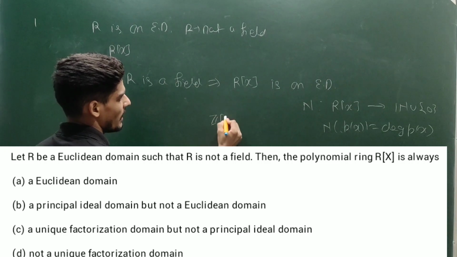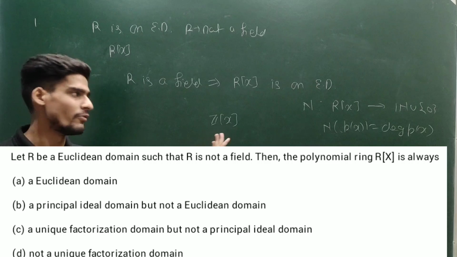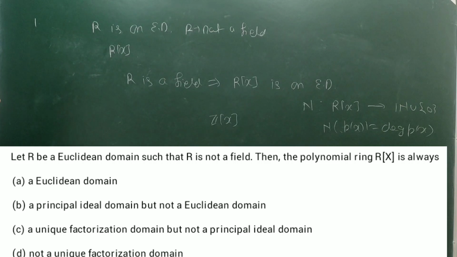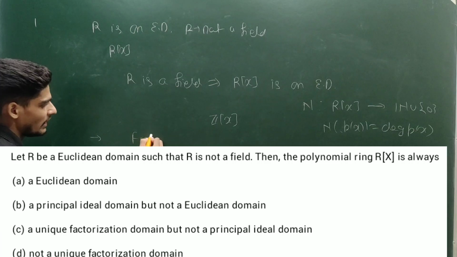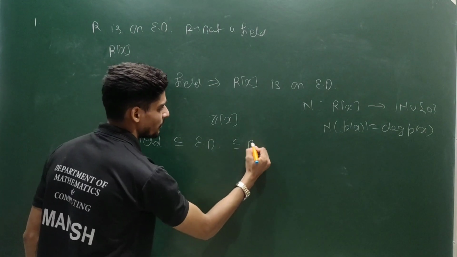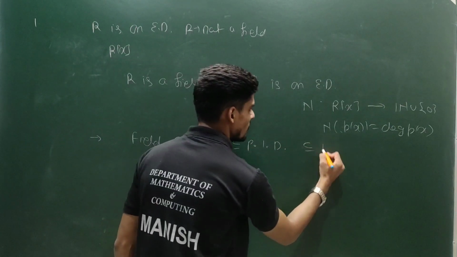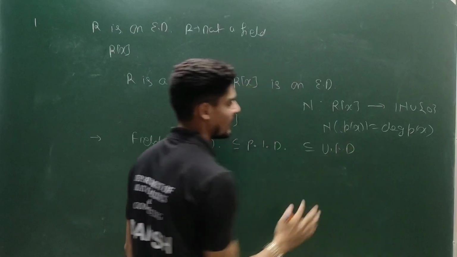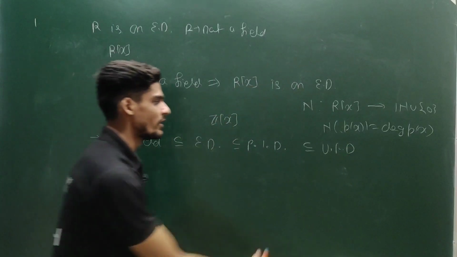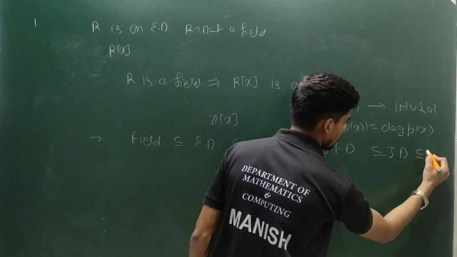Suppose I am taking Z[x]. This is not a Euclidean domain. Why is it not a Euclidean domain? Let me clarify. Every field is a Euclidean domain. Every Euclidean domain is a principal ideal domain. Every principal ideal domain is a unique factorization domain, that we have proved in our theory lecture. And every unique factorization domain is an integral domain, and every integral domain is a ring.